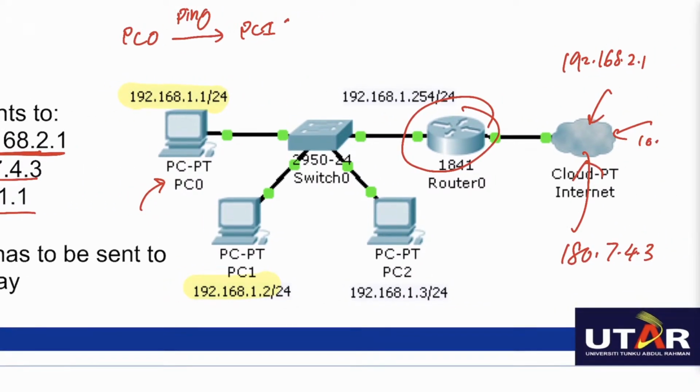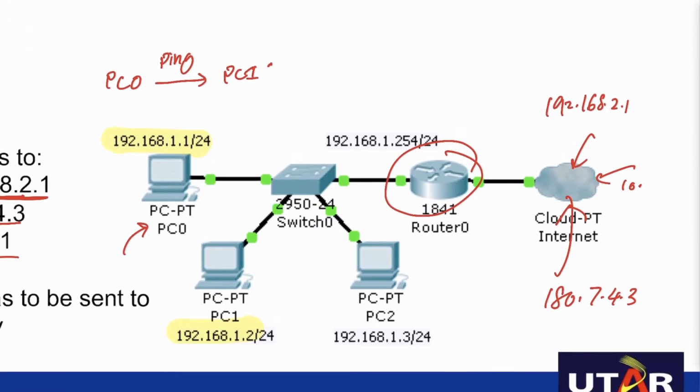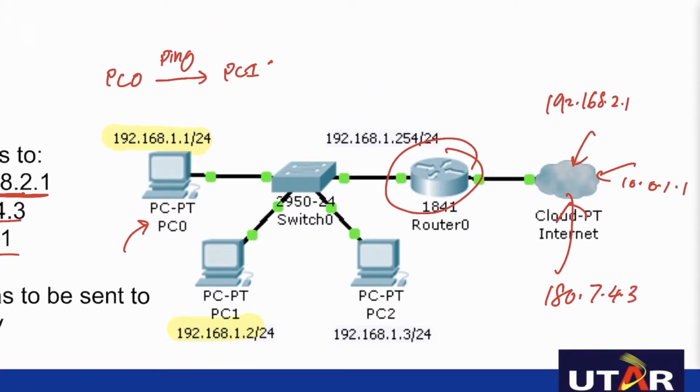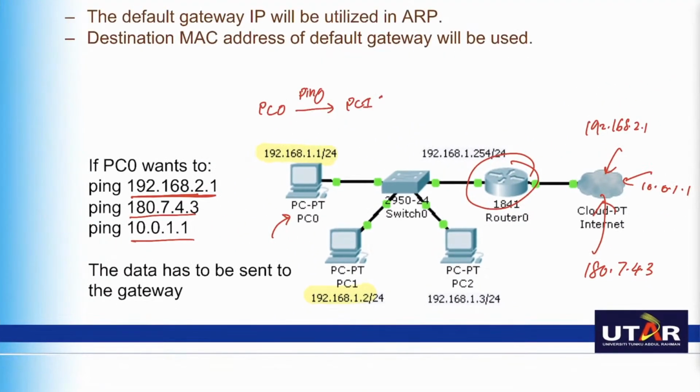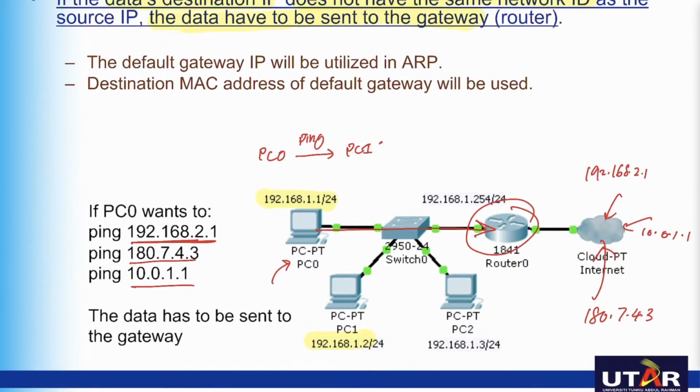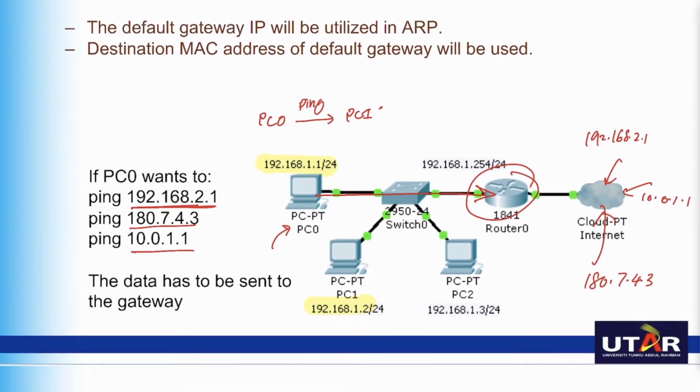We do not know exactly where they are, but we know they are somewhere on the internet because it's not within my LAN. Now, for all these 3 pings, you need to send it to the router. So this rule simply says that to go to the internet, send to router. I can explain this in 6 words. Why do they explain it in so long?